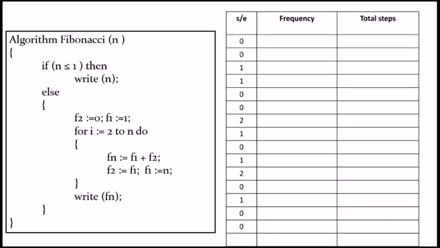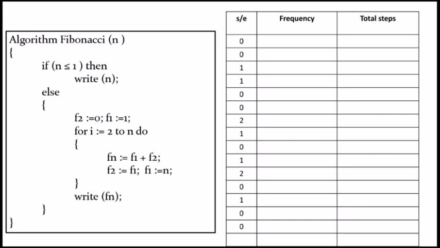So this is the table. So in the first block, we are trying to calculate how many steps will be there for each line. For the first 2 lines, because it is just a name and an opening flower bracket, the number of steps will be 0.